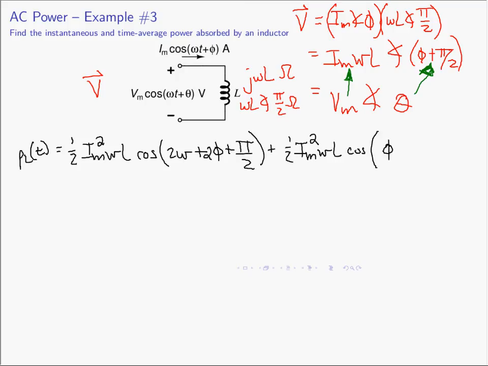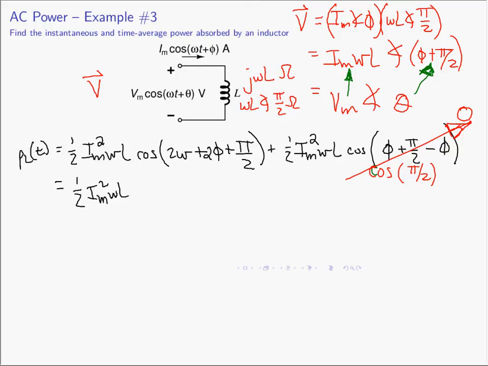Theta is phi plus pi over 2 minus phi, and then we can take this last term and look at it, and we see that this really evaluates to cosine of pi over 2, which means all of this goes to 0, and the instantaneous power absorbed by our inductor is 1/2 Im squared omega L cosine of 2 omega t plus 2 phi plus pi over 2, and that's it.